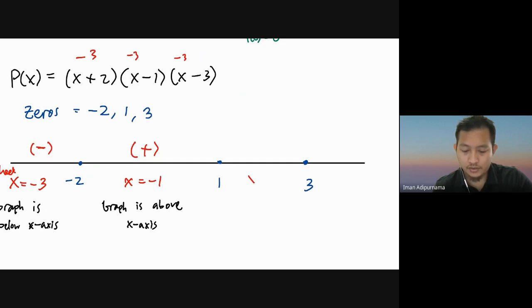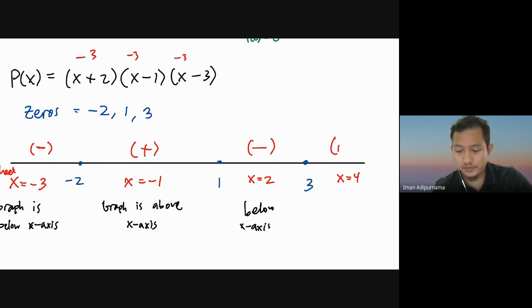And we can check also here x equal 2. It's positive, positive, negative. It will be negative. It's below the x-axis. And check again, maybe 4, just to make sure. Positive, positive, positive. So all positive.